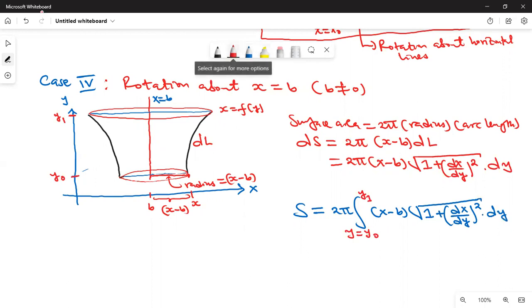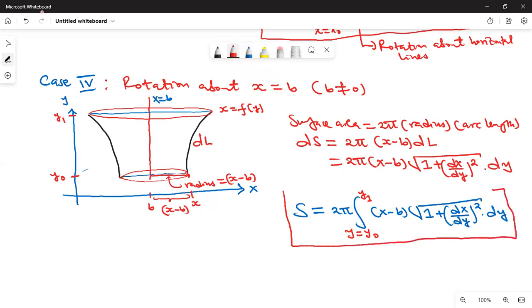So that's how to find the surface area when your axis of revolution is a vertical line.